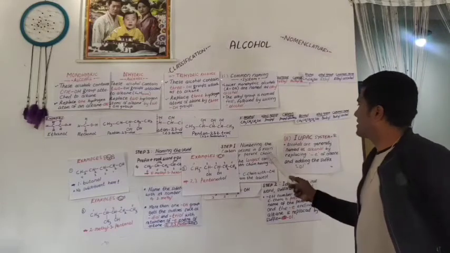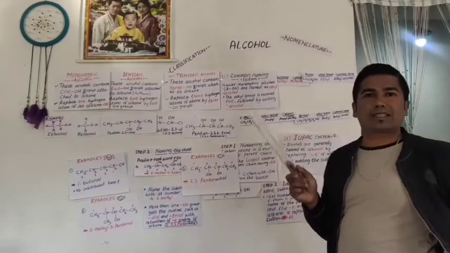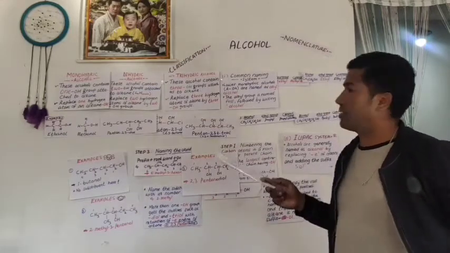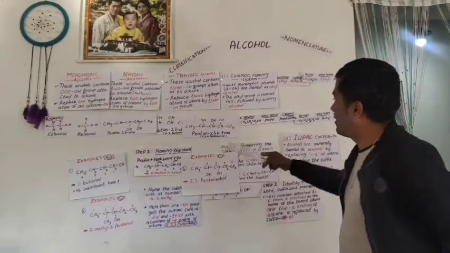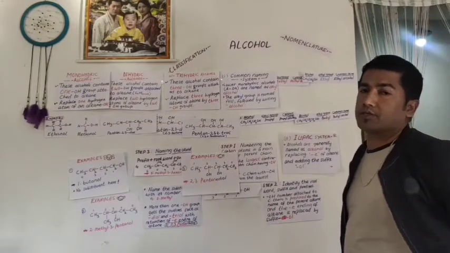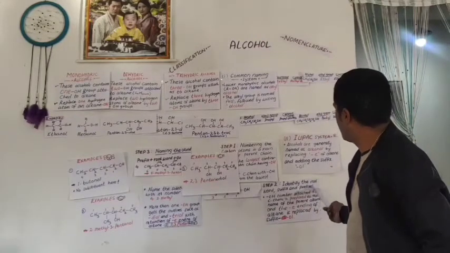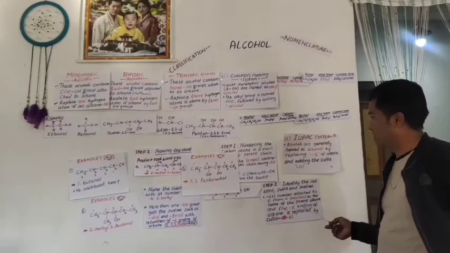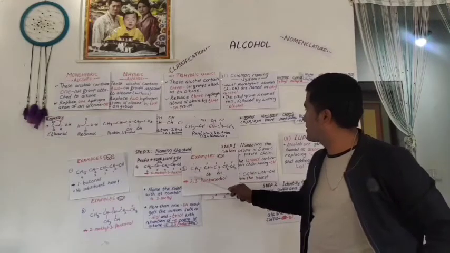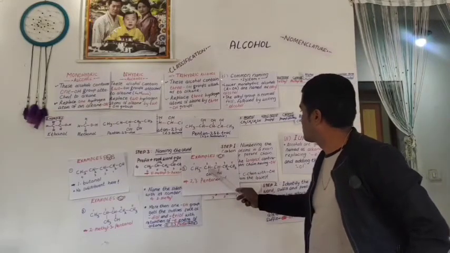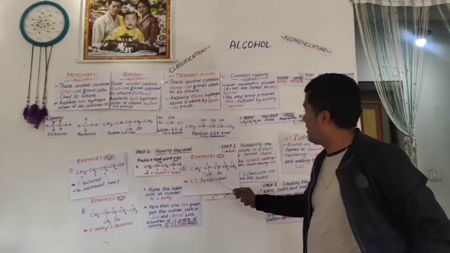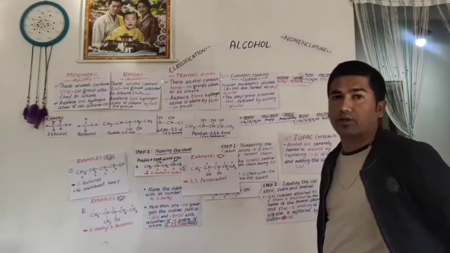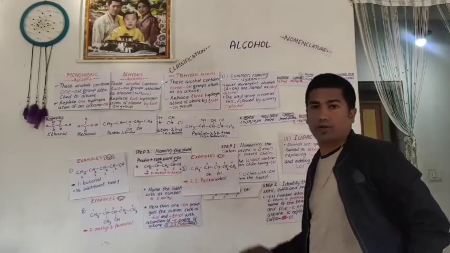In step 1, we spot the longest carbon chain and number it, making sure the OH group gets the lowest number, and then look at the substituents. In step 2, we identify the root word, suffix and prefixes. For example, here you can see 1 2 3 4 5 is the numbering, and we name it 2,3-pentanediol. Why diol? Because there are two OH groups.